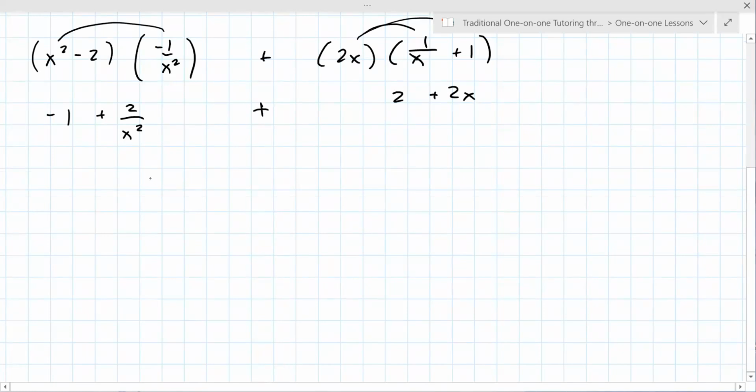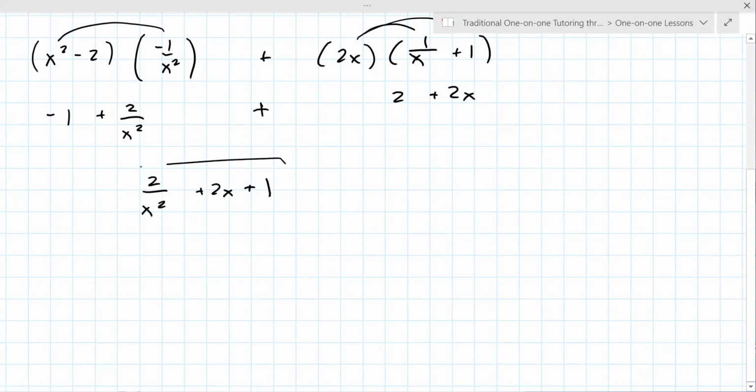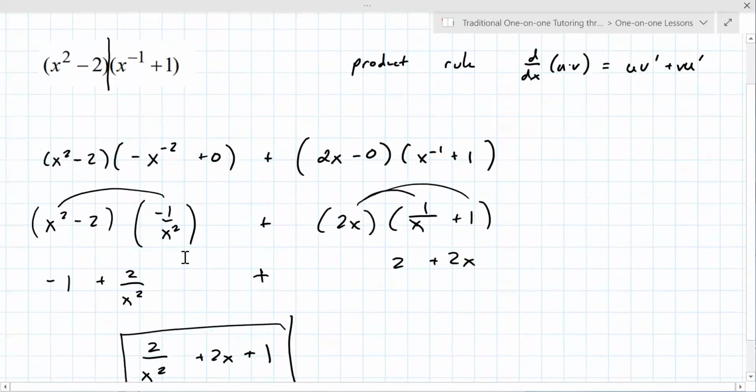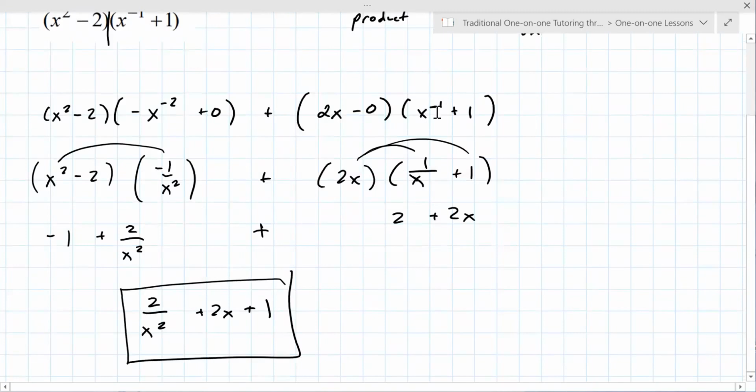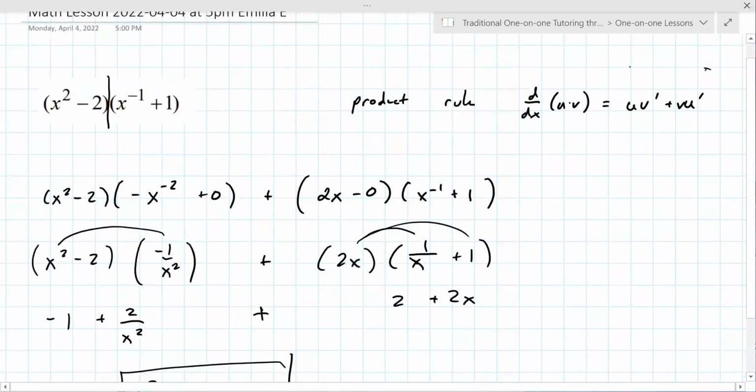So your final answer might look something like 2 over x squared plus 2x plus 1, maybe. And I think that's where a lot of students would struggle on the AP. They get to the multiple choice and think, oh, no big deal, but they present the answers differently than when you work them out.